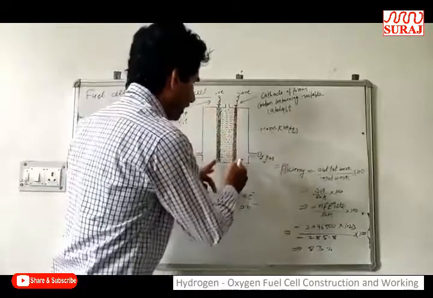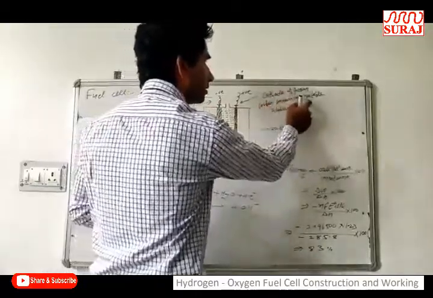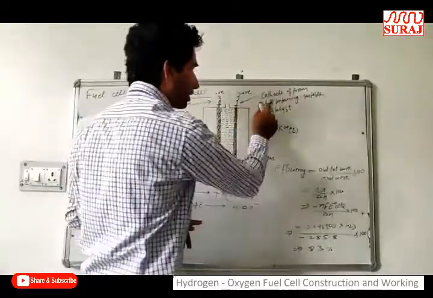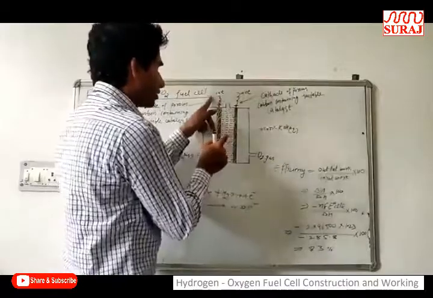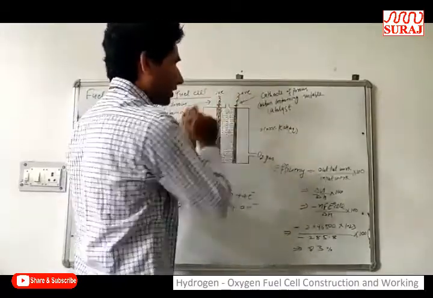Between these two we have porous electrodes made of carbon. One is the anode, another is the cathode.